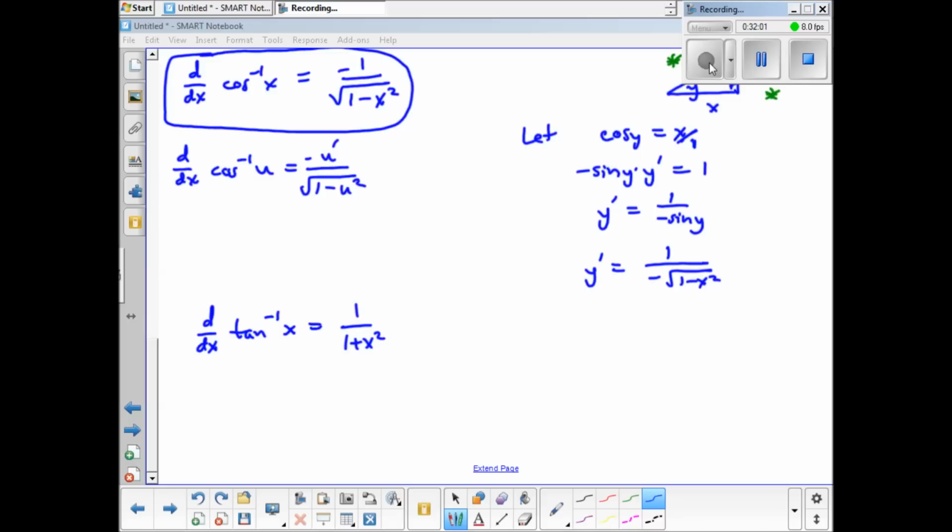And notice that there is no square root. Interesting. And the chain rule for that is u prime over 1 plus u squared.